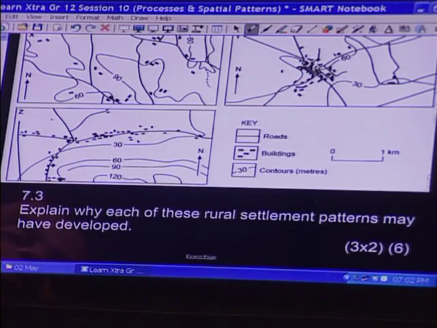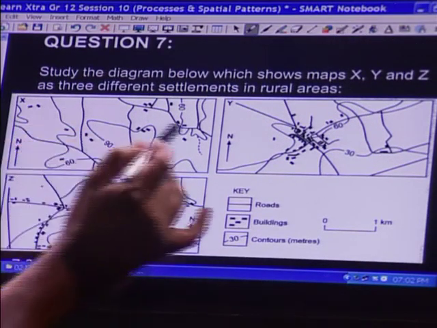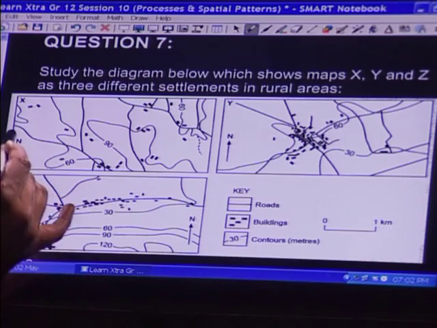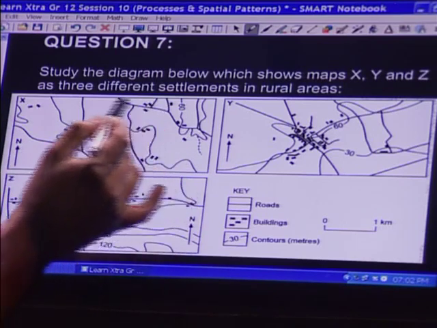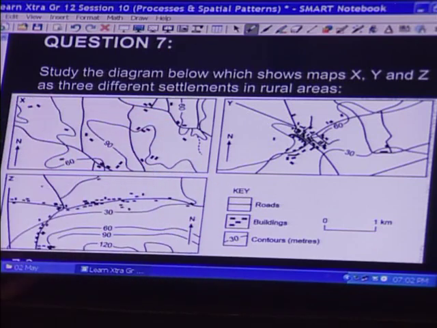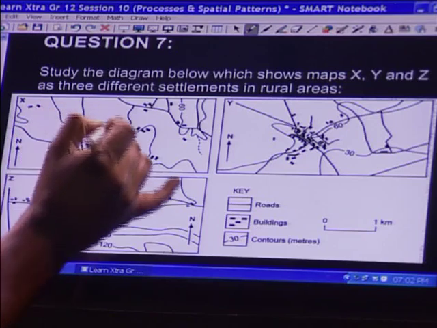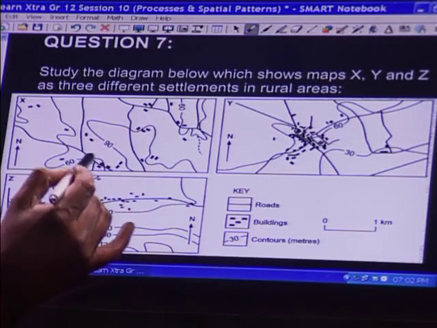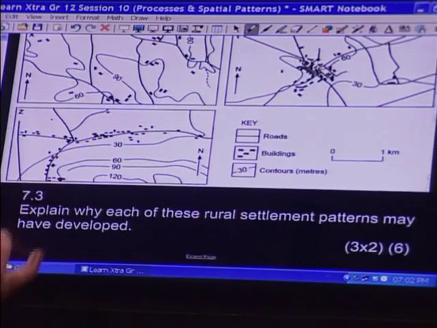Explain why each of these rural settlement patterns may have developed. In this example, when looking closely at diagram X, you'll note the following. As it is random or haphazardly located, these buildings offer no shape or form. This could only be attributed to the way the contour lines are spread out. Note the contour lines are represented with the numbers along the diagram.